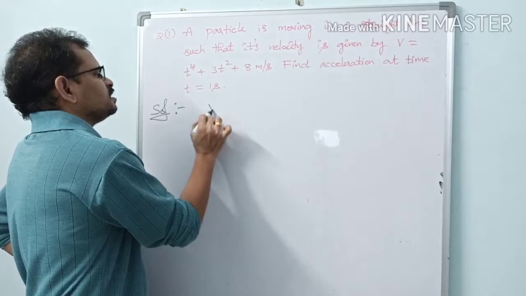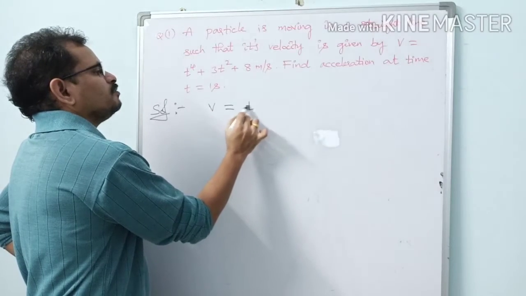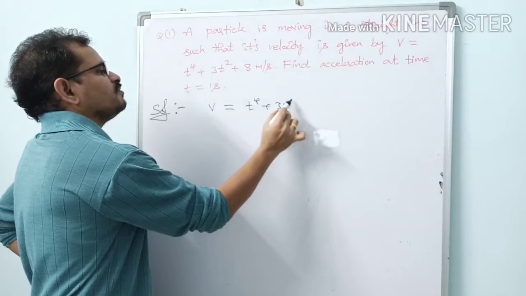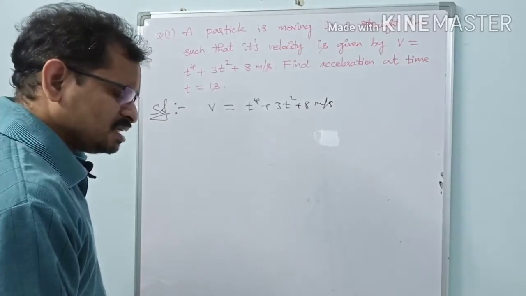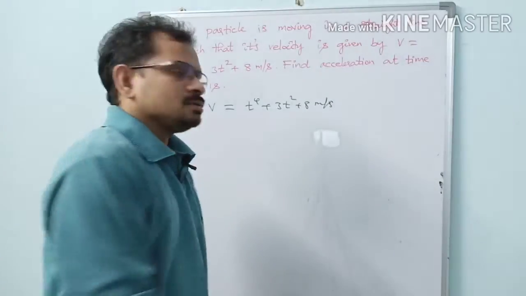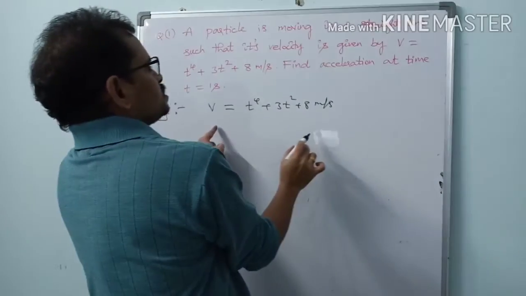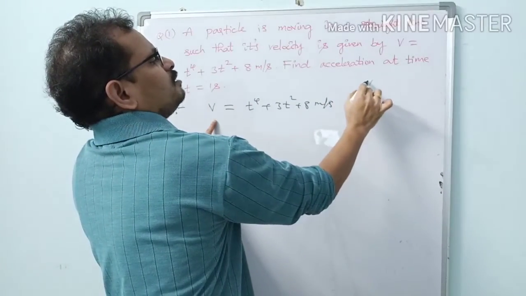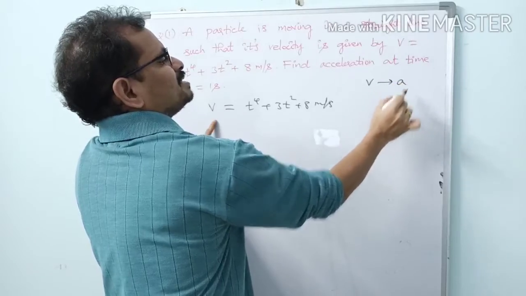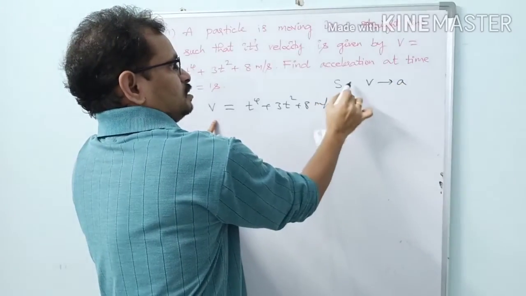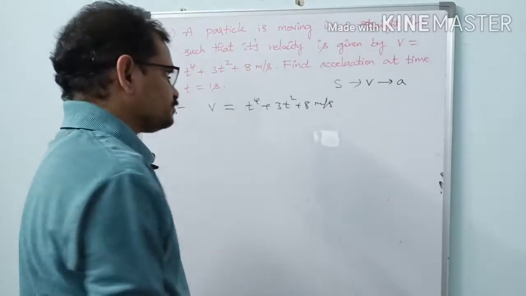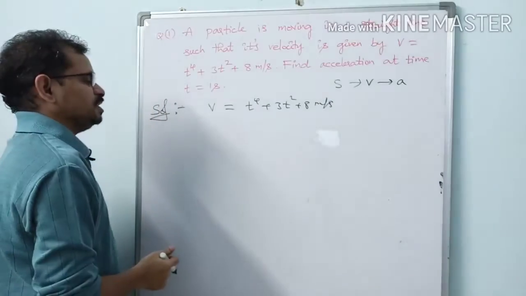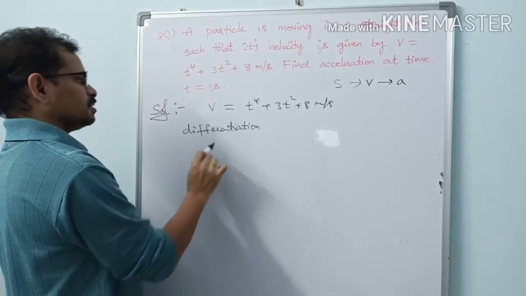So let us take this equation, v equal to t power 4 plus 3t square plus 8 meter per second. Now we have to use differentiation or integration. See, what is given and what is asked here? Velocity is given and acceleration is asked to find. Is this of straight order or reverse order? This is of straight order. So we have to use differentiation.